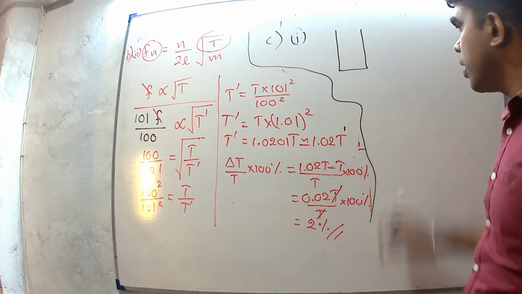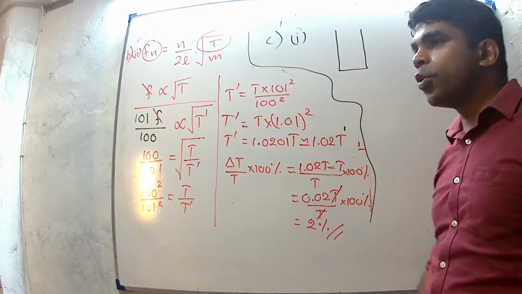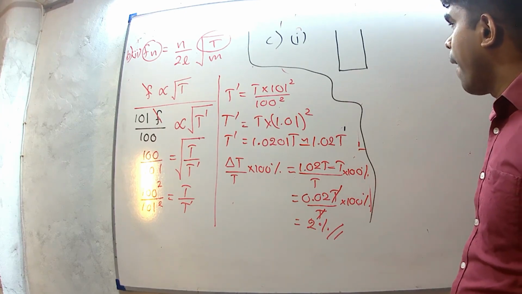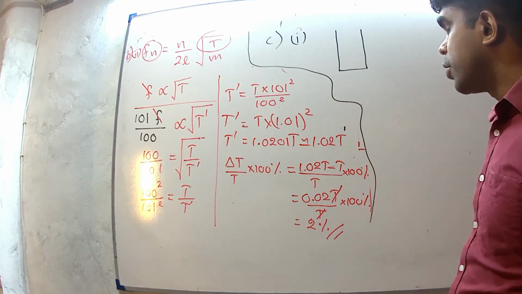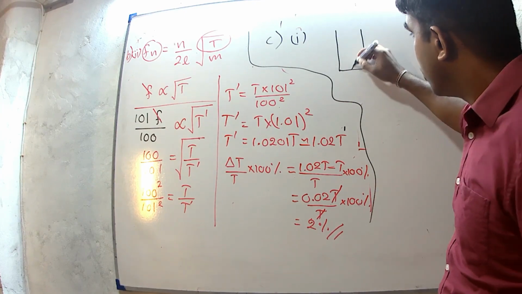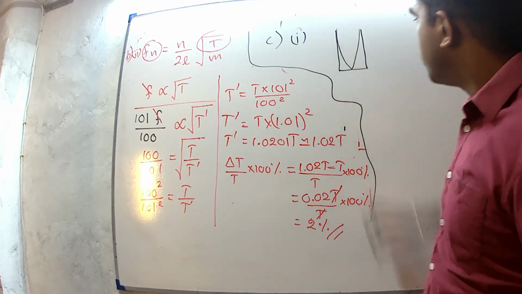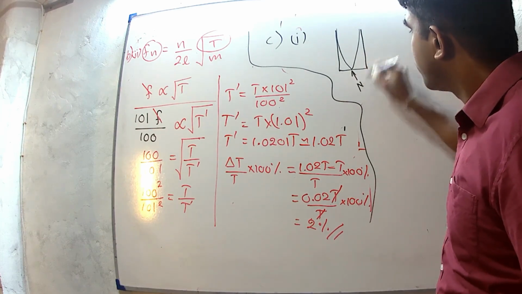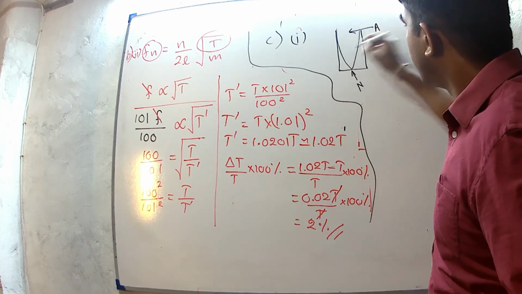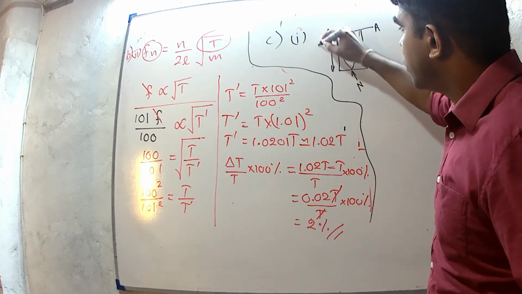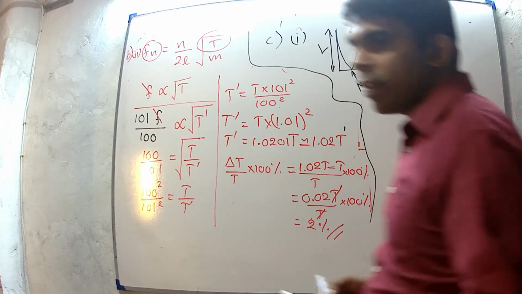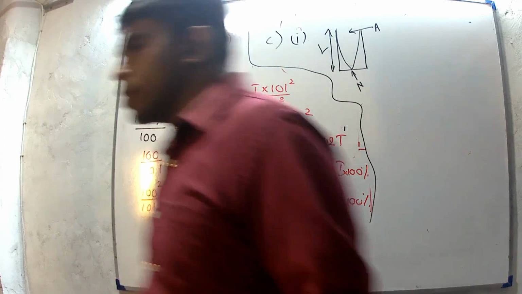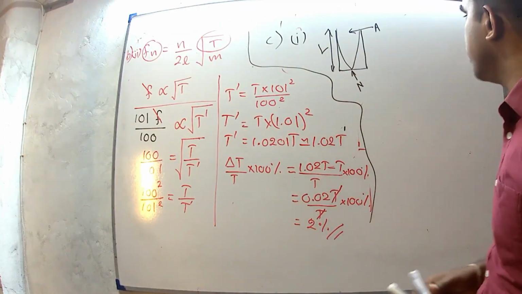We know that at the closed end it should have a node, and at the open end an antinode. Then the fundamental wave pattern is this one. Node, antinode. Length is L. You have to mark it. It is given as L. This one is the fundamental.